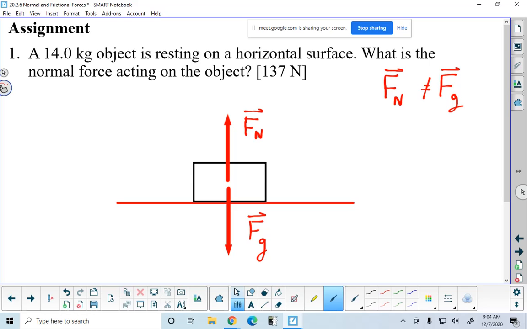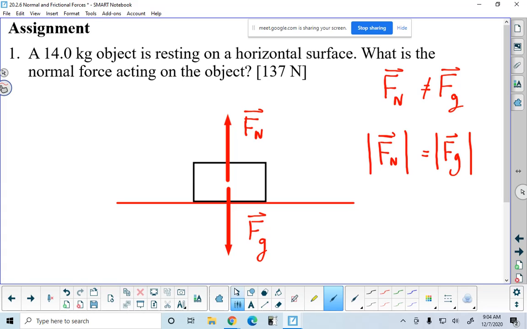The normal force is not, and I don't know if you just caught that, but I put a line through the equal sign to make it a correct statement now. The normal force is not equal to the gravitational force. However, the magnitude of the normal force is equal to the magnitude of the gravitational force.